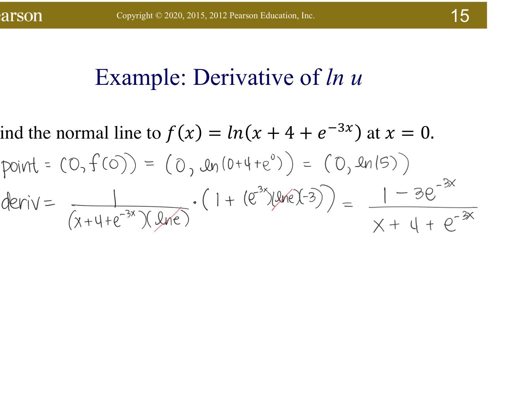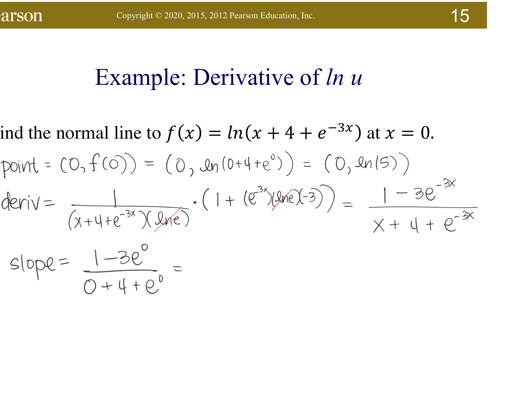It looks bad, but all I'm asking you to do is plug 0 into that. So we're going to plug 0 into all those places. So my slope would become 1 minus 3e to the 0 over 0 plus 4 plus another e to the 0.